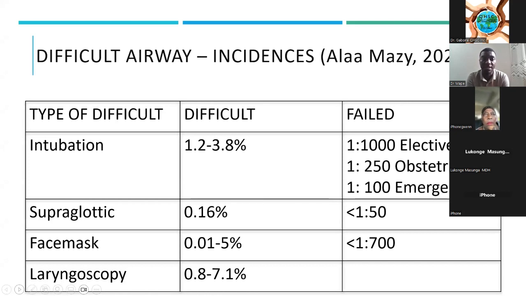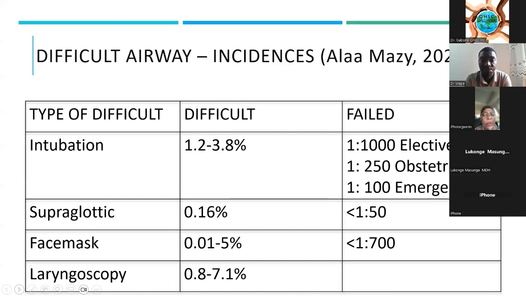You might find yourself failing to achieve oxygenation or intubation. There's also an incidence rate of using supraglottic airway devices, which is 0.16, and face mask 0.01 to 5%, and also difficulty in doing laryngoscopy. Okay, so this was the study done by Alamazi 2020.